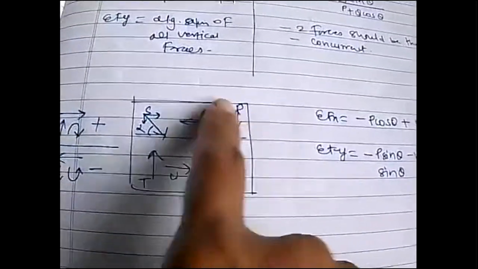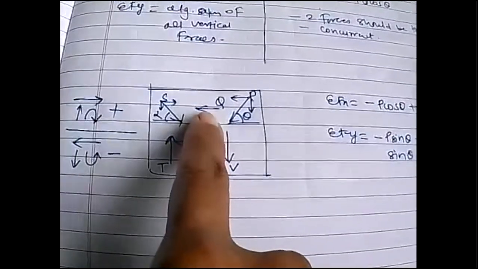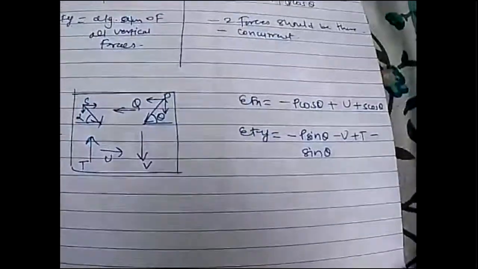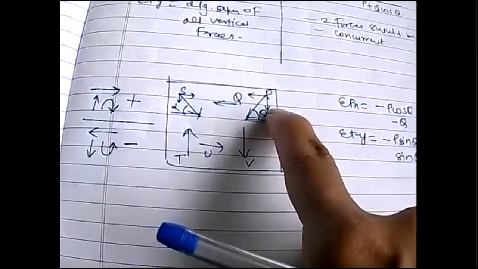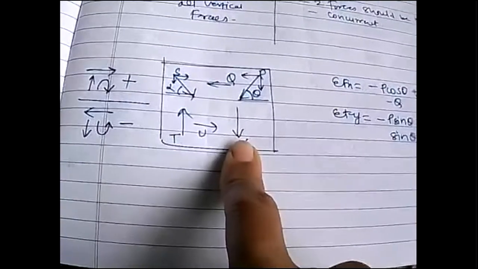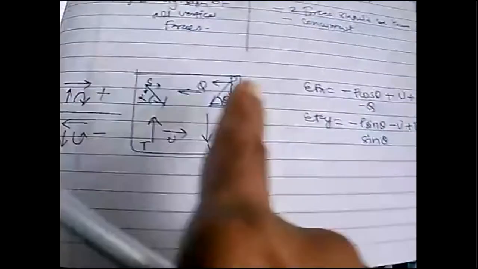How many horizontal components are there in the given force system? This one, this one, this one, and this one are horizontal components. We must mention it as minus Q because it is going leftward. Then we'll move on to summation Fy: negative P sine theta, negative V, positive T, negative S sine theta will be there.